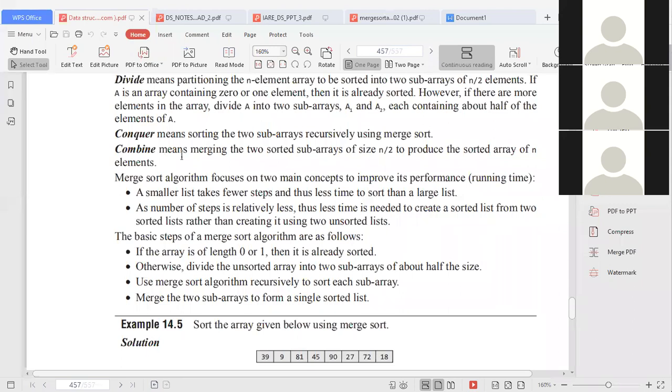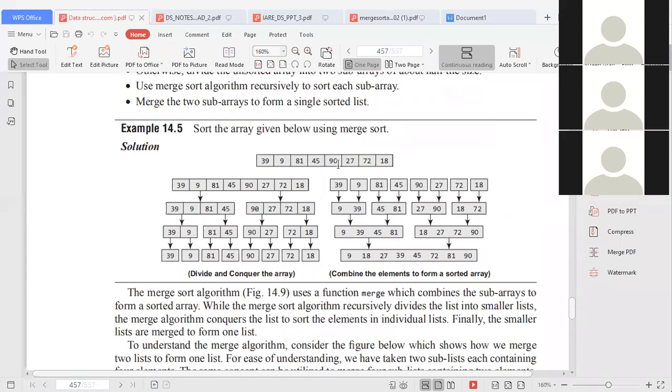In the last class, this is the example we took and we divided it into two subparts. One is this and the other one is this. The whole A is divided into A1 and A2, and A1 is sorted, and A2 is sorted again.